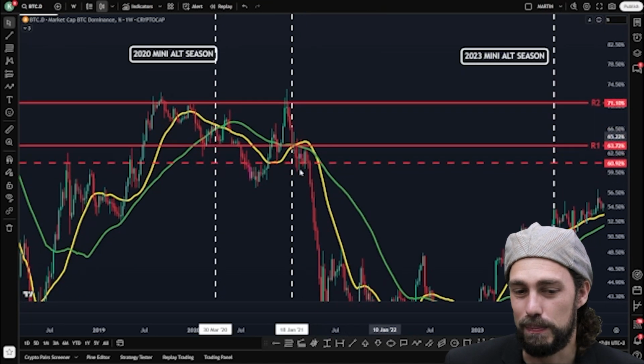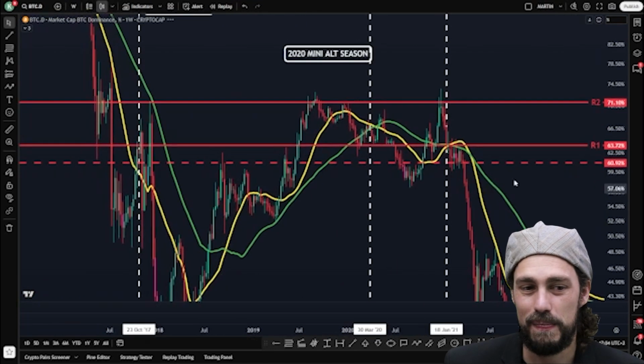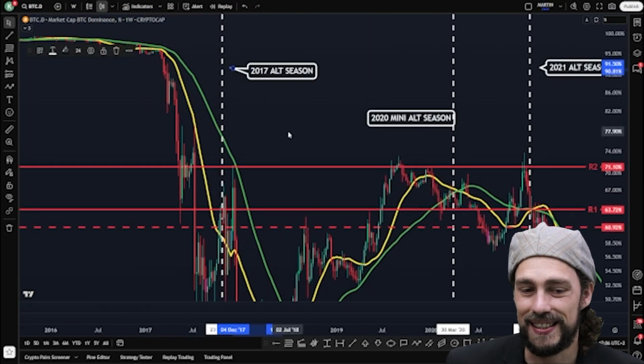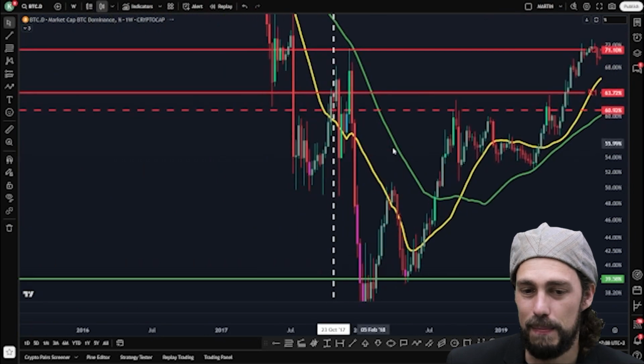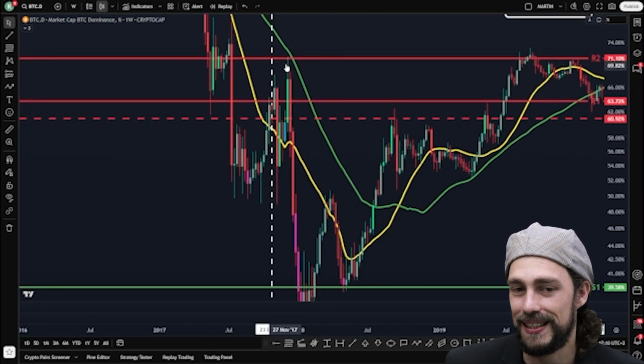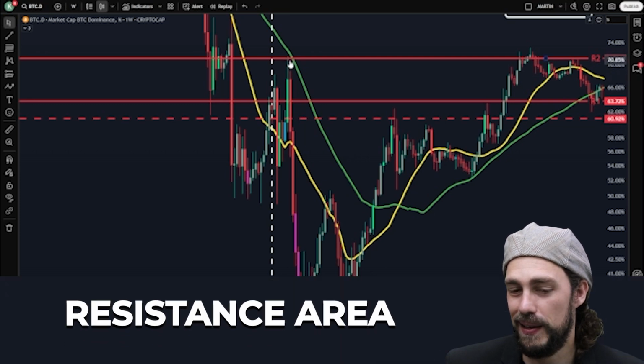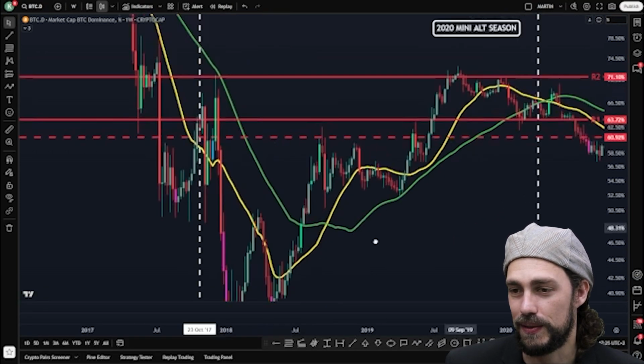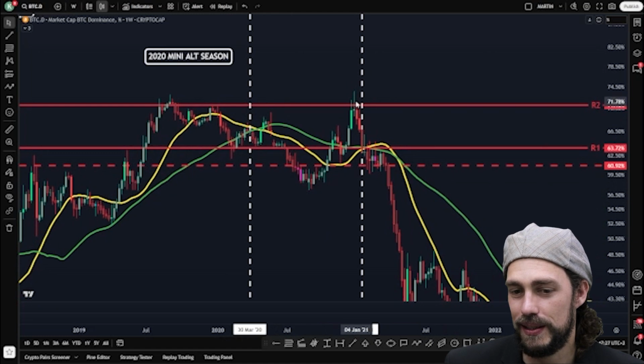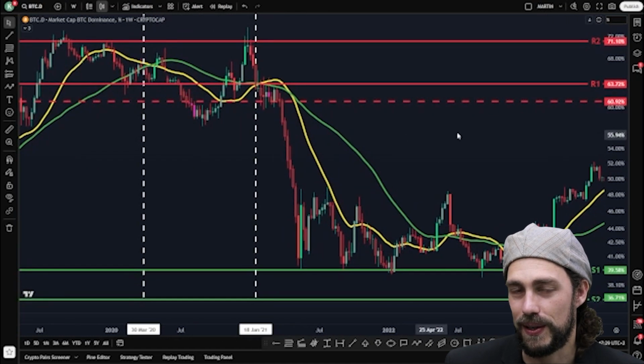We can see this push into resistance, breakdown, and the altcoin season in 2017, we saw a similar thing happen with a push into these resistance areas, these red lines at roughly 71 and 64%, and this dashed line at roughly 60%. A push into this resistance area and breakdown. That was the start of altcoin season.